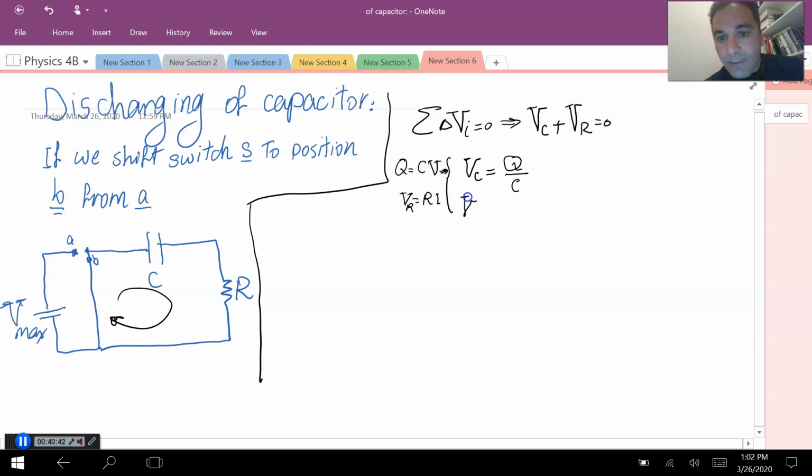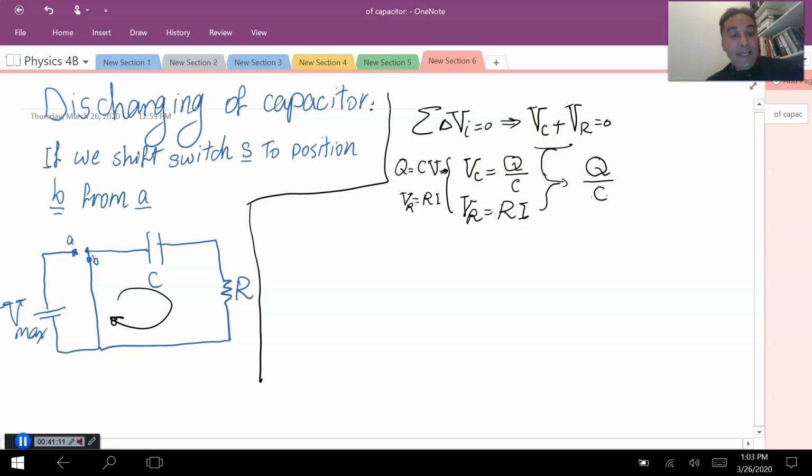We know VR is equal to R I. Am I right? Now, instead of the voltage of the capacitor, we put Q over C.